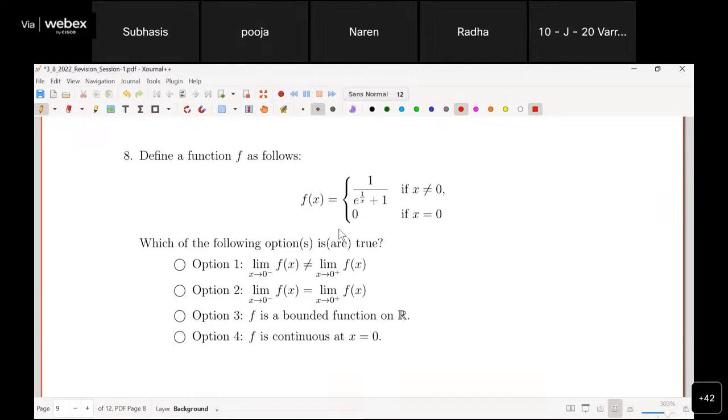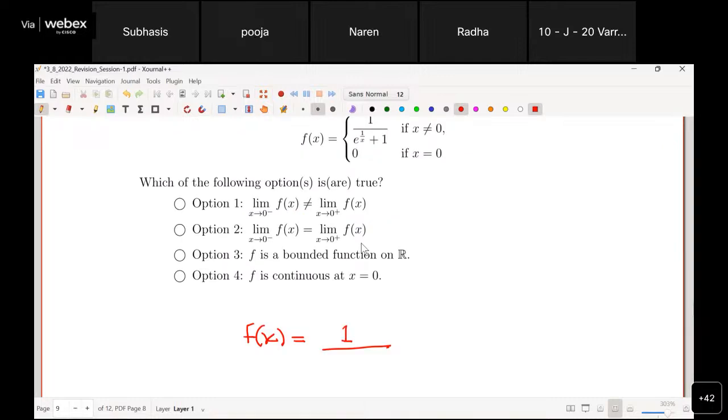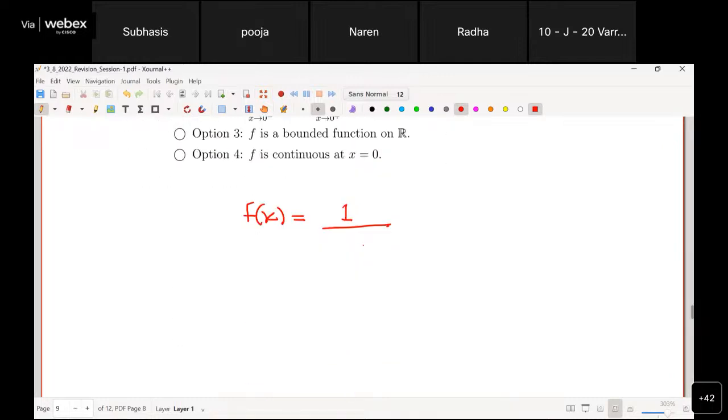For that I need to find the left hand limit and the right hand limit. So how can I get the left hand limit of this function?